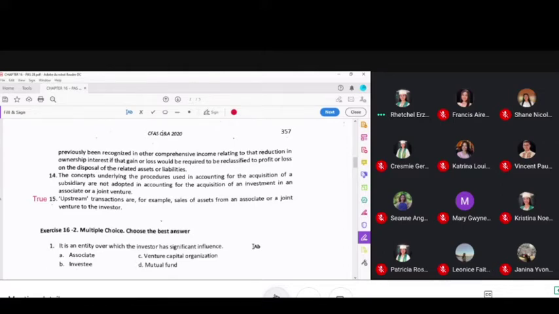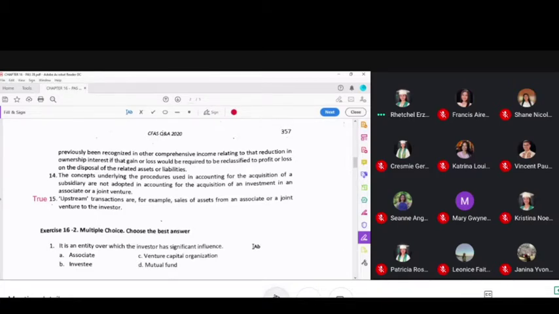But for us, class, for these topics, since we're just concerned with the theories, we just have to understand when there is a downstream transaction, when there is an upstream transaction, and whether or not the gain or loss from those transactions will be recognized by the investee and the investor. And the answer is yes. The gains and losses from those transactions will still be recognized by the investor and investee.